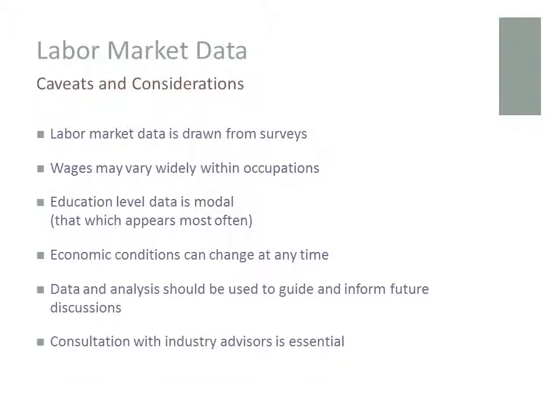The labor market data comes with a few caveats and considerations. The information is not perfect, but it is revised frequently and considered quite accurate. It's drawn from surveys with employers. The wages, of course, vary within an occupation.